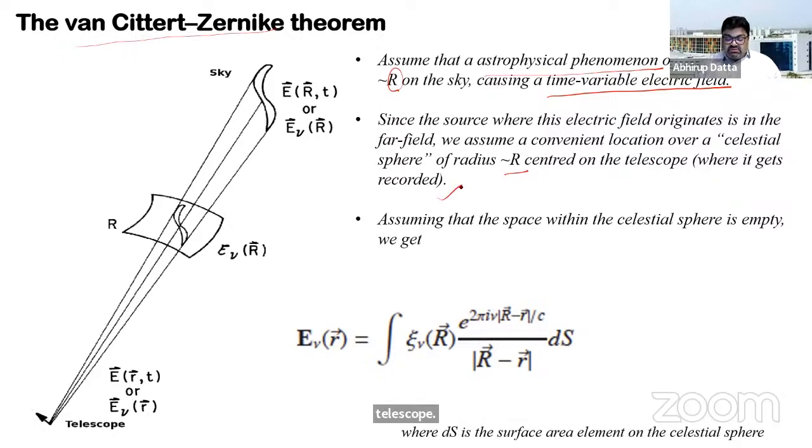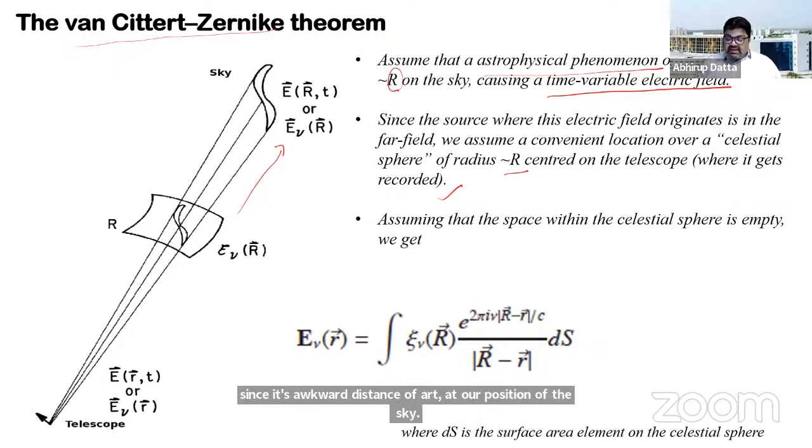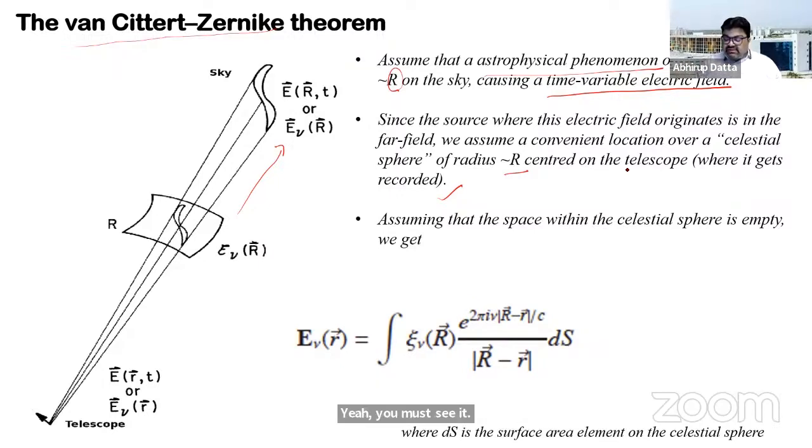So at a far away distance, some astrophysical phenomenon occurred and created a time-varying electric field. Since it occurred at position R on the sky, we assume a sphere at a distance of R from the telescope, where this particular event occurred, borrowing the concept of the celestial sphere.